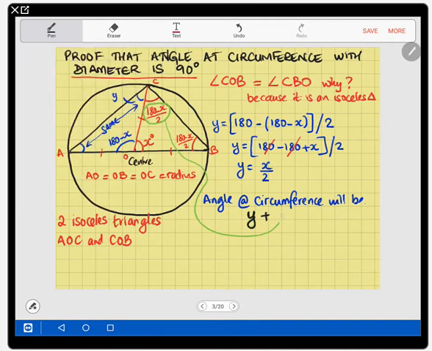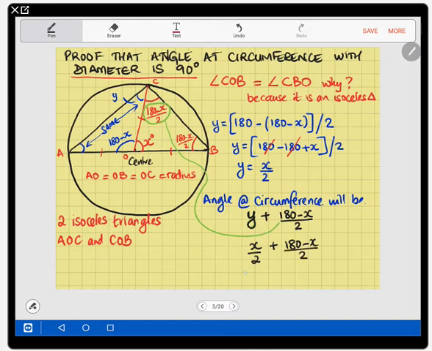Plus 180 minus x divided by 2. What is y? Y is equal to x divided by 2, right? Plus 180 minus x divided by 2.